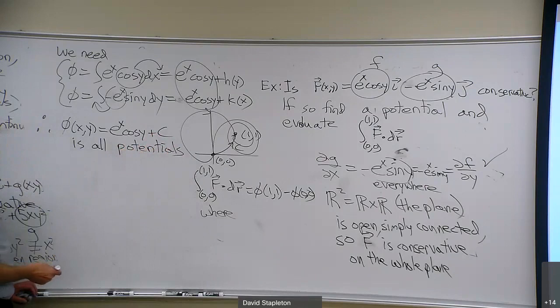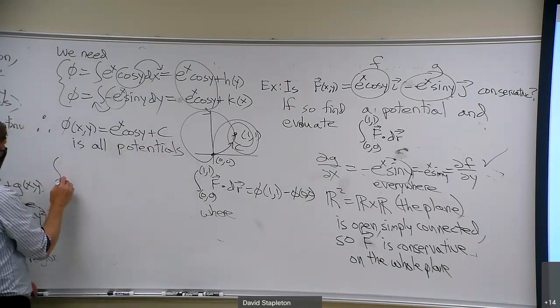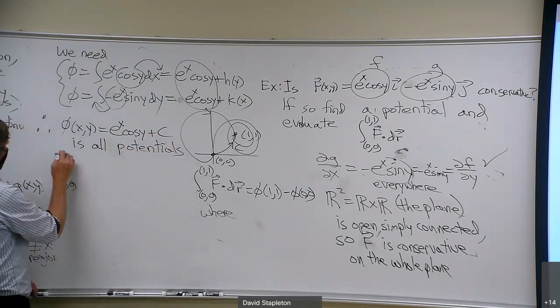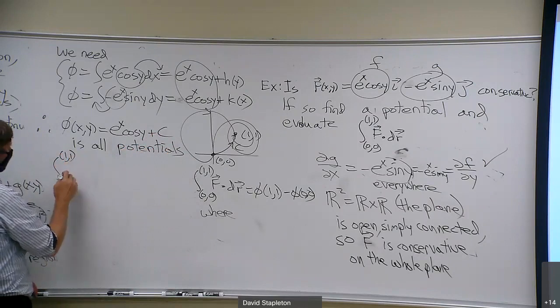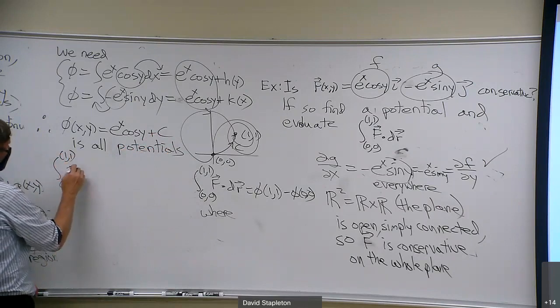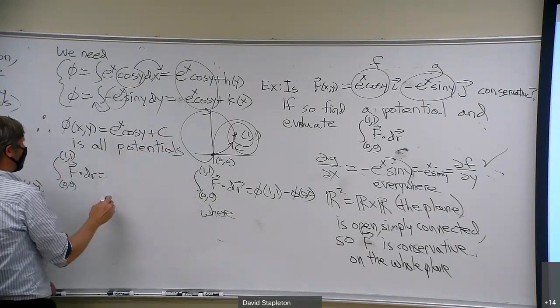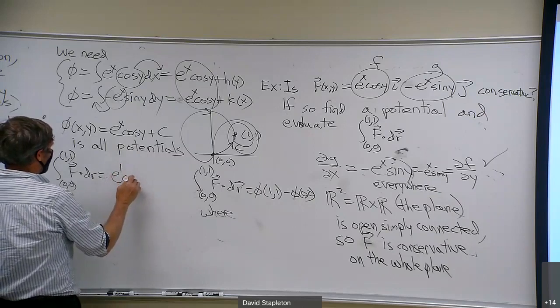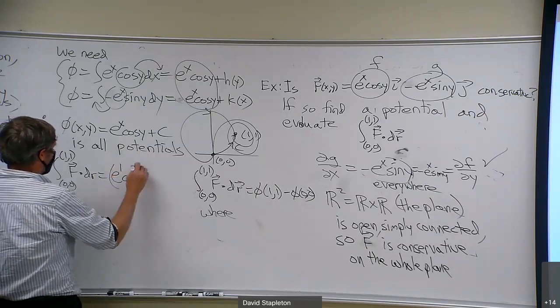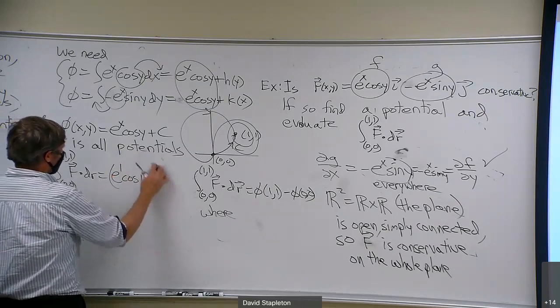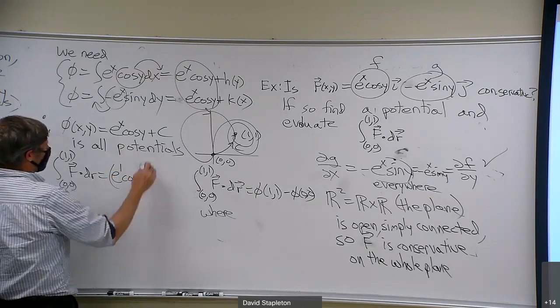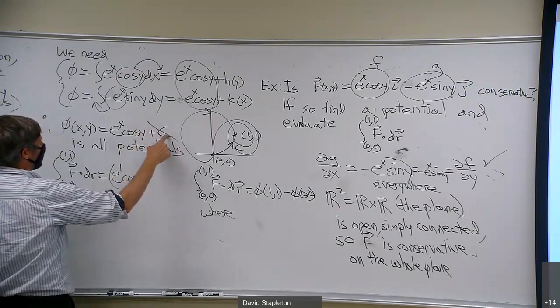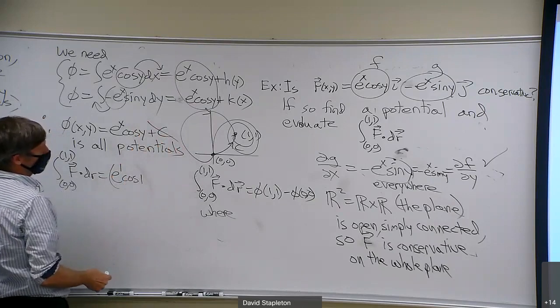And therefore, the integral from (0,0) to (1,1), no matter what path we take, piecewise smooth, is just this function evaluated at (1,1): e to the 1 cosine 1 plus c. We can leave off the plus c because we just want any potential.